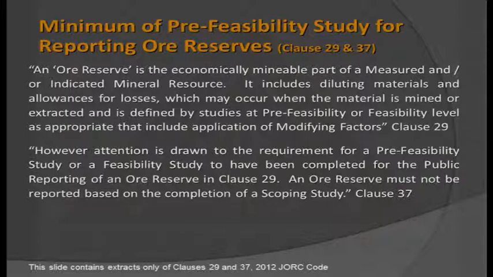And it has to be based on a pre-feasibility study or a feasibility level study, not a scoping study, and it has to apply these modifying factors. A pre-feasibility study and feasibility study has been defined in this new JORC Code, and I'll get onto those a bit later. And that's in clause 37.